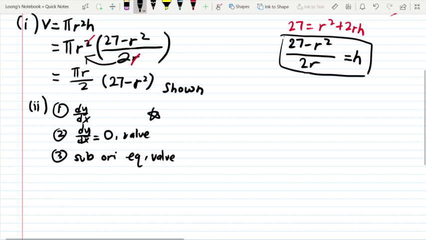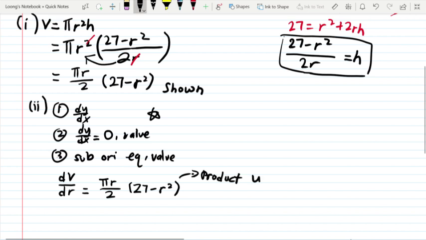And continue. So we need to differentiate dV over dr. Here we're going to use the product rule, uv' plus vu'. This is our u, and this is our v.